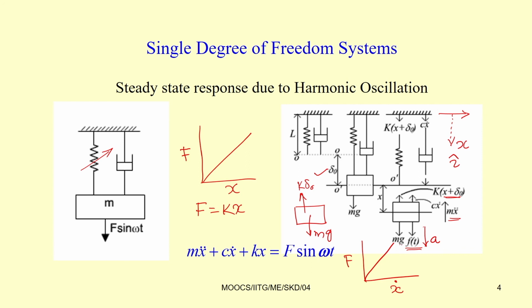Now, you have already seen that mg equals k delta 0.